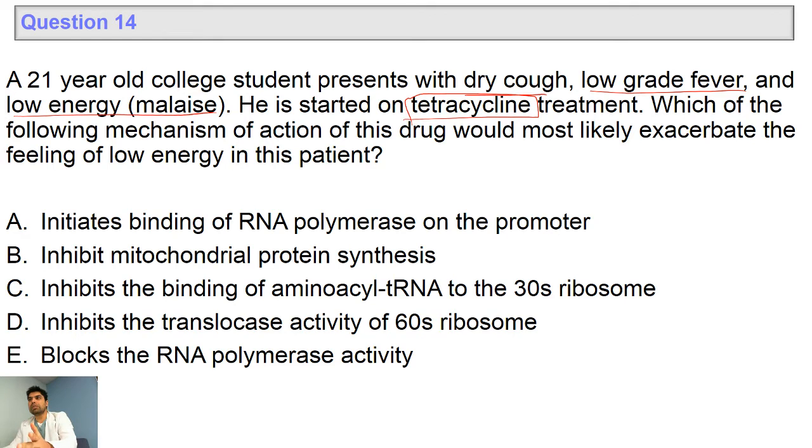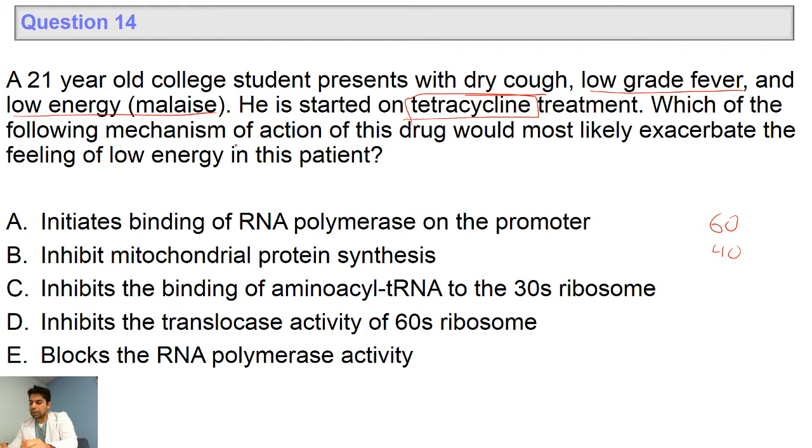Tetracycline will inhibit only bacterial ribosomes. It should not inhibit human ribosomes. Correct? Because human ribosomes are what? 60S and 40S. Okay, so if the question is asking what is the mechanism of this drug, you will say 30S inhibitor or blocker. But here it's asking something different.